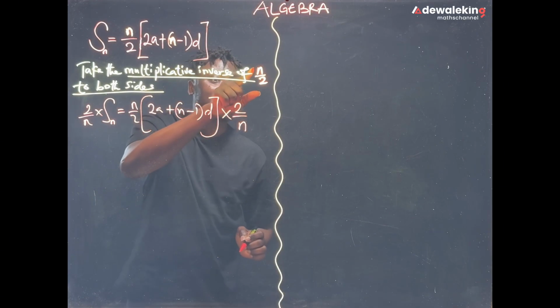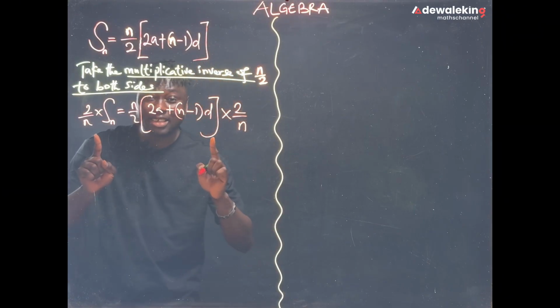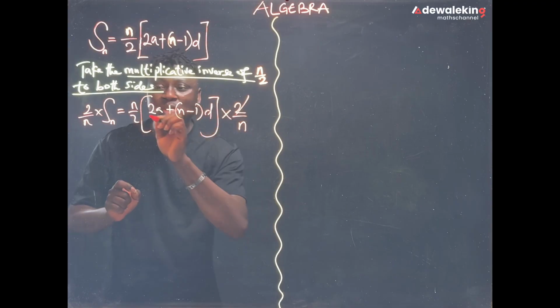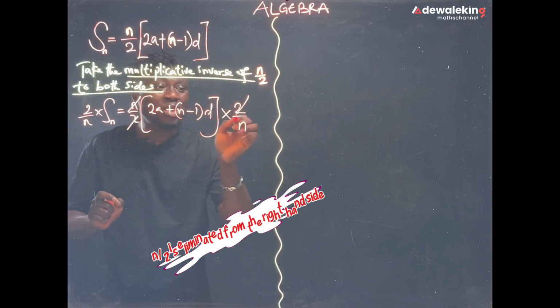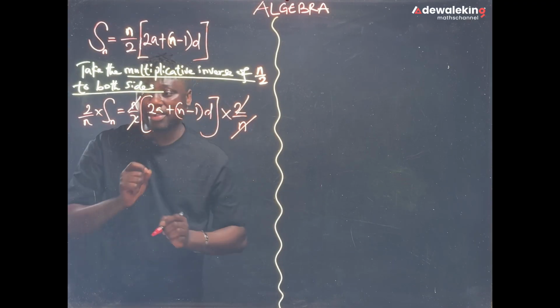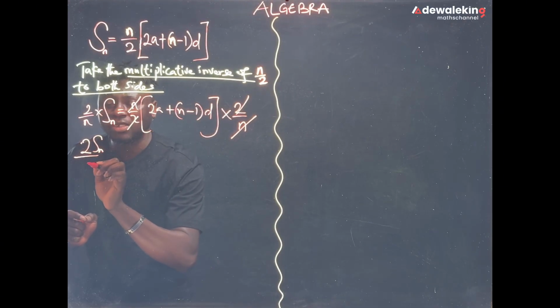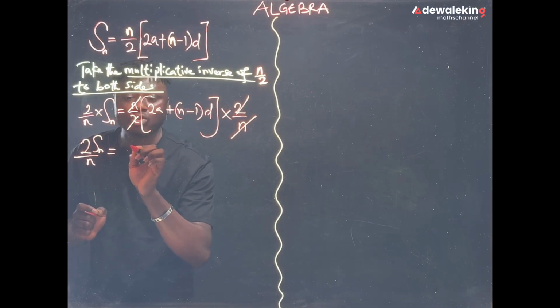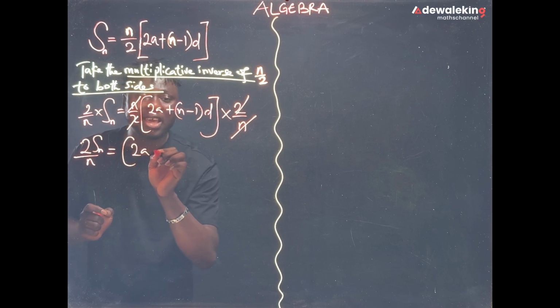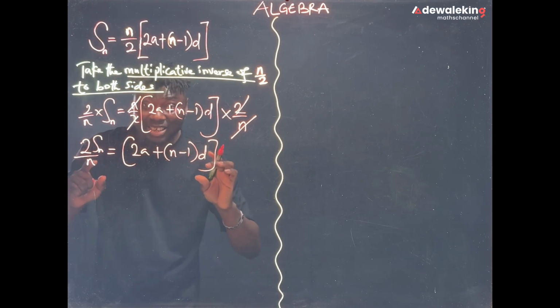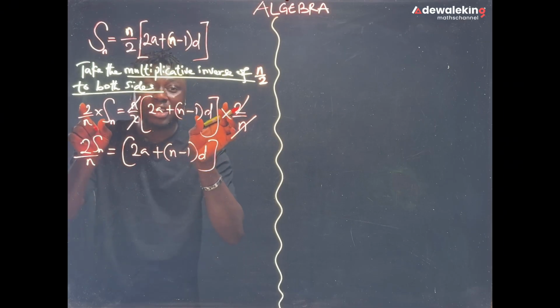So the inverse of n over 2 is 2 over n, and it has been multiplied to both sides. So this will cancel this, and this will cancel this. So we have 2S subscript n over n equal to bracket 2a plus n minus 1 bracket d. And that is what we'll have after we did this.